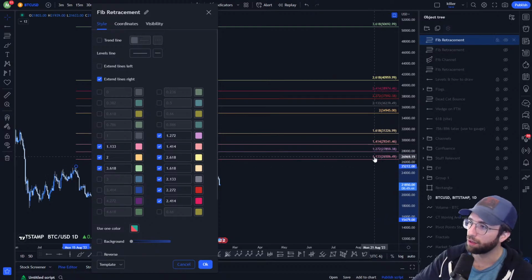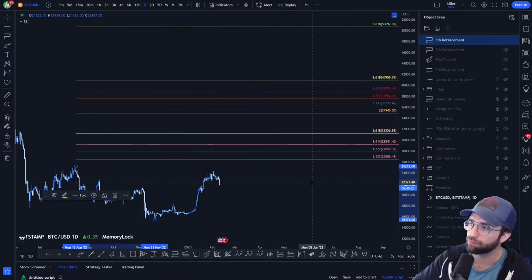The 1.133, 1.272, 1.414, 1.618, 2, 2.133, 2.272, 2.414, 2.618, and so on and so forth. You can continue to do this. These are just some key fibs that I personally like and have seen a good reaction off of.